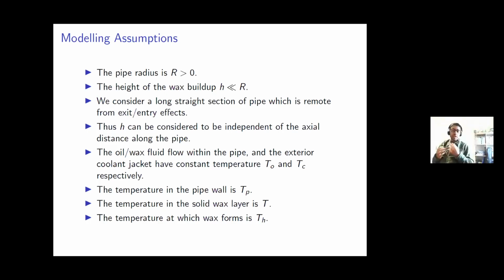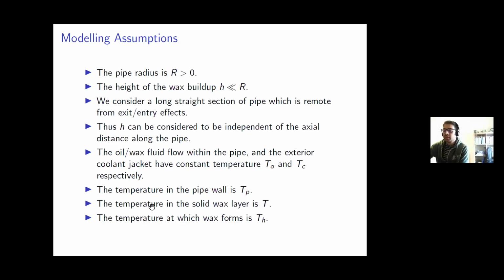Additionally, we're interested in the buildup of the height of the wax layer, and the mechanism we're going to propose is primarily a thermal phase change mechanism. And so that means we need to denote temperatures for all of the components in our model. That includes the pipe wall, so we denote the temperature of the pipe wall to be Tp.